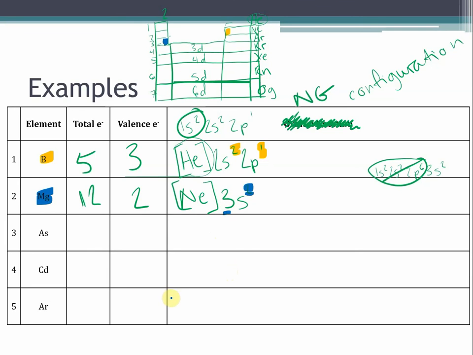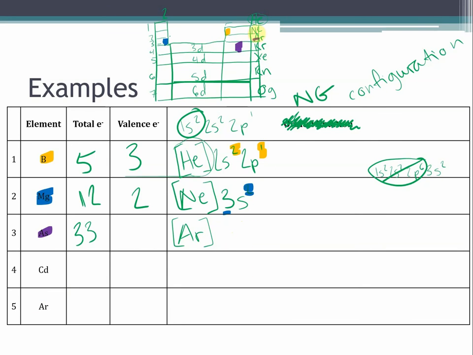As you start moving down the table into more and more electrons, noble gas configuration becomes more and more helpful. Let's see it for arsenic. Arsenic has 33 electrons. Finding it on your table, you can see it right here in the 4p orbitals. So we'll go up 1 row, go all the way to the right. We are going to use argon as our noble gas. So we'll start by writing argon, Ar, put it in brackets to show we are using it. And then we only have to write the things that are not taken care of by argon.